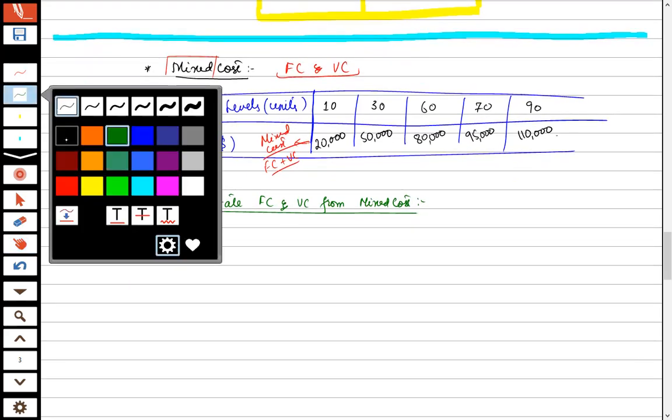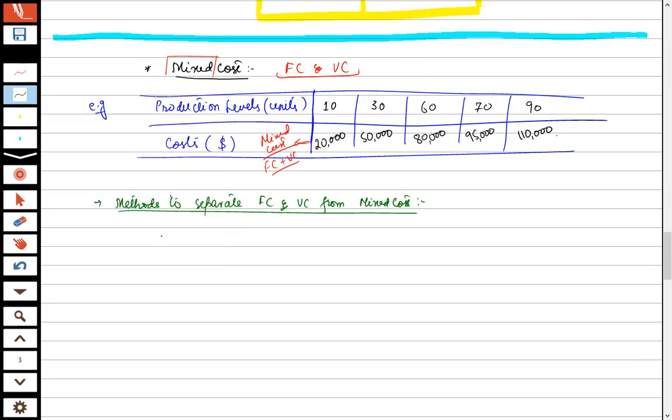There are certain methods, two to three methods. Number one method is known as regression analysis or reciprocal method.